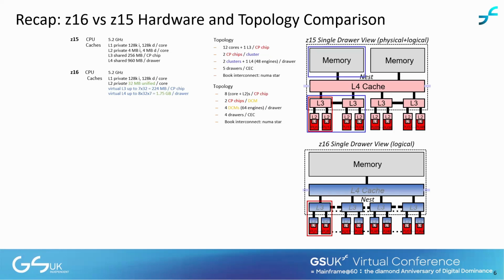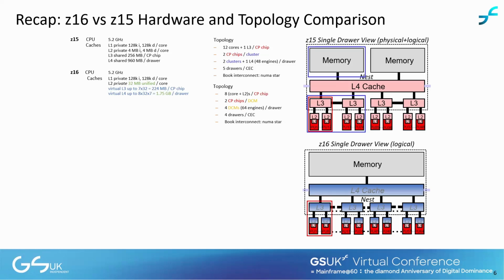The top one shows Z15, classic hierarchical view, memory above level 4 cache, which is shared by so many level 3s. And then each level 3 at the chip level is shared by so many CPUs under it. And you see the dashed line that denotes what we call the nest versus the cores, where the cores are the eggs in the nest. You think of it that way.